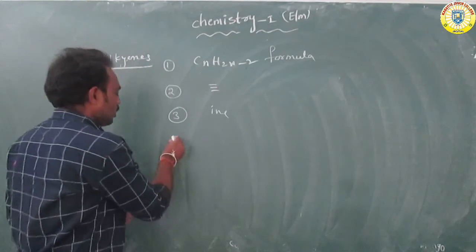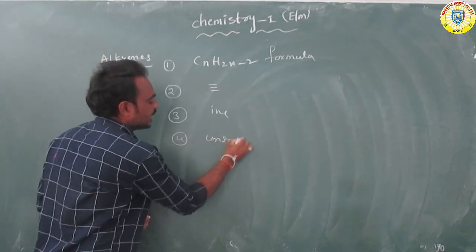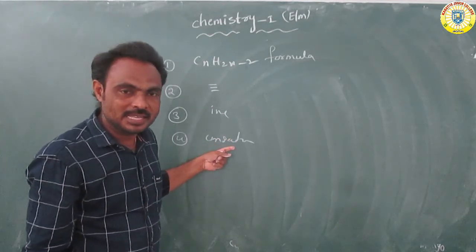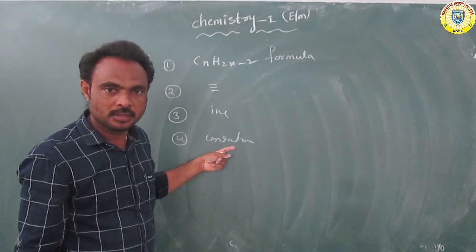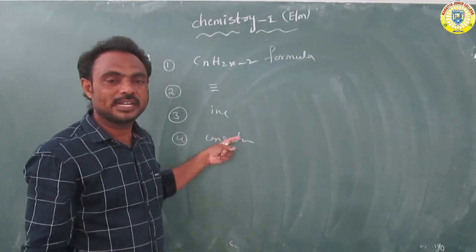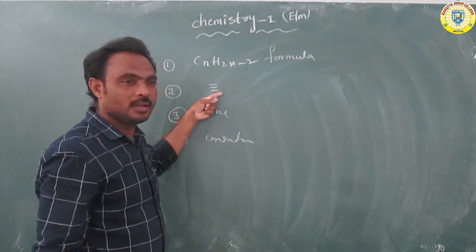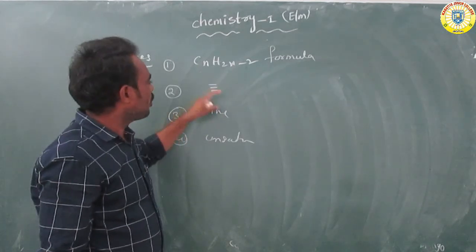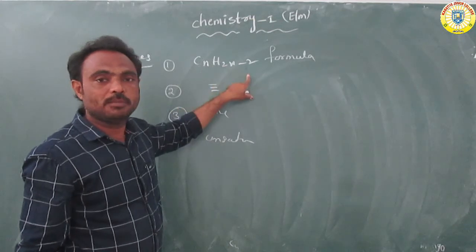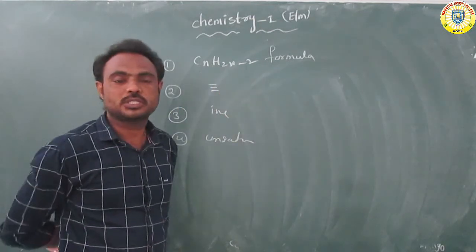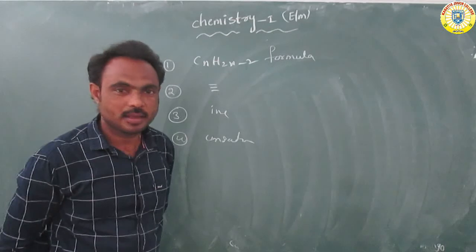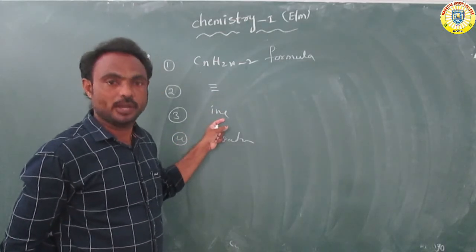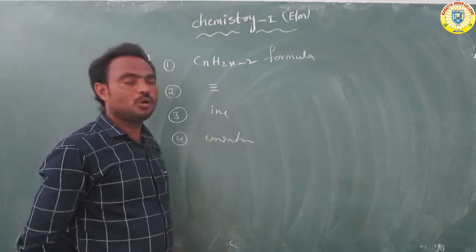They are all unsaturated hydrocarbons. Alkynes are unsaturated because they contain a triple bond. So overall, the CnH2n minus 2 formula of compounds is called alkynes, with a triple bond.